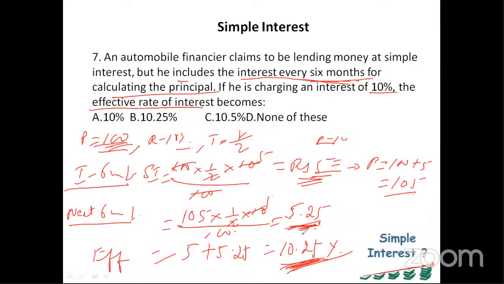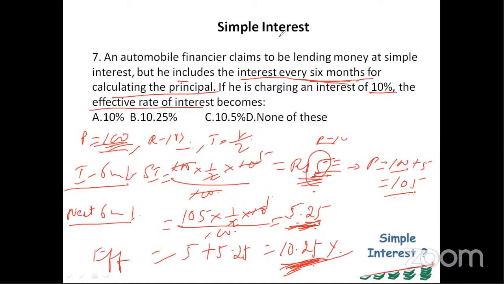Why did this increase happen? Because after the first 6 months, he added the simple interest of 5 rupees to the principal of 100 rupees. Because of that, the simple interest became 5.25 instead of 5 for the next 6 months. So 5 plus 5.25, 10.25% will be the effective interest.